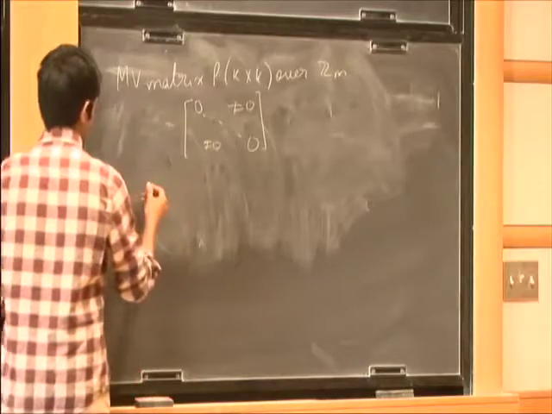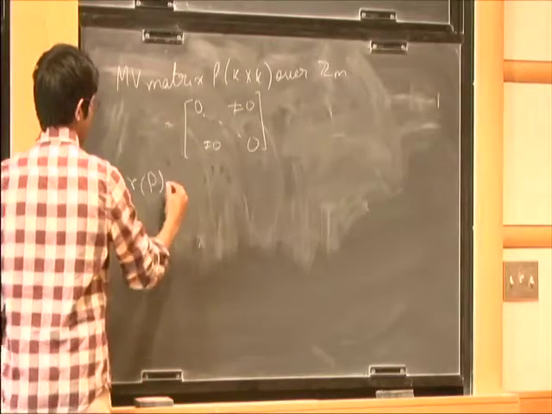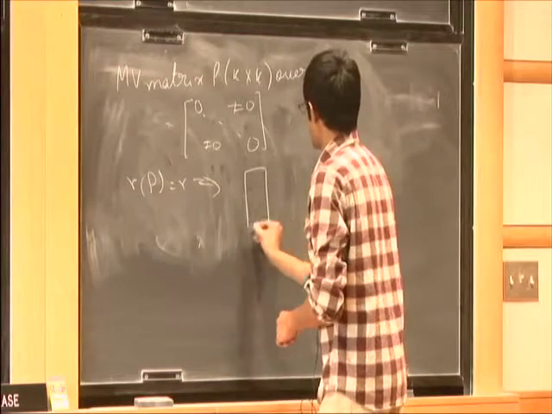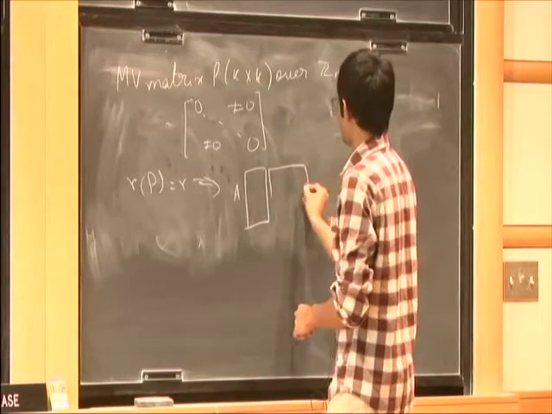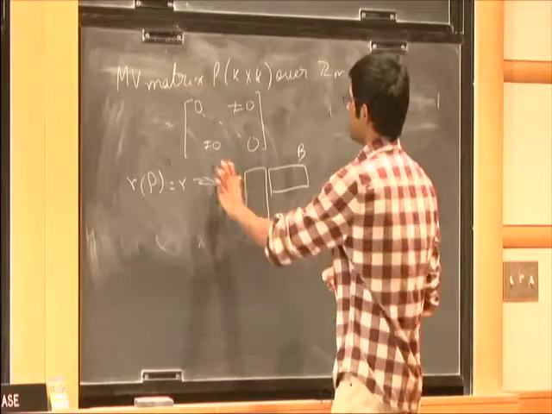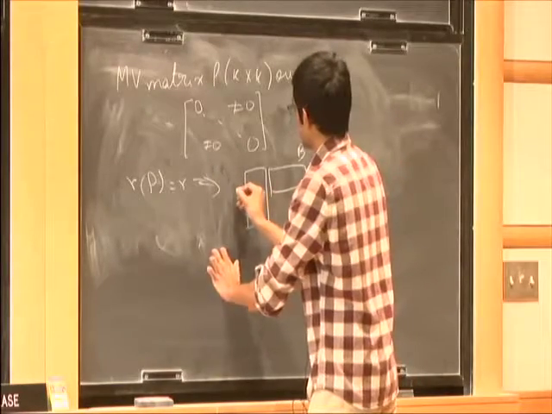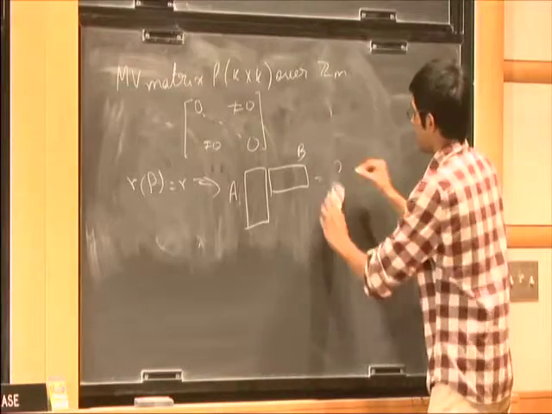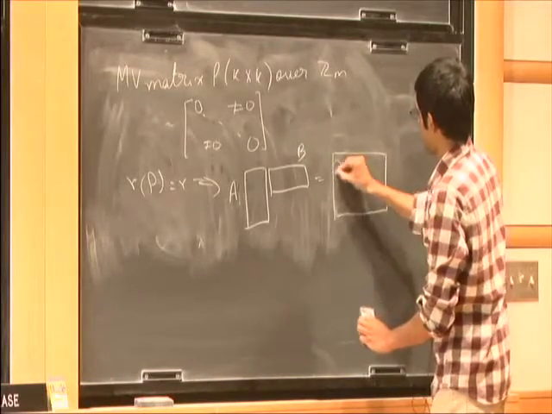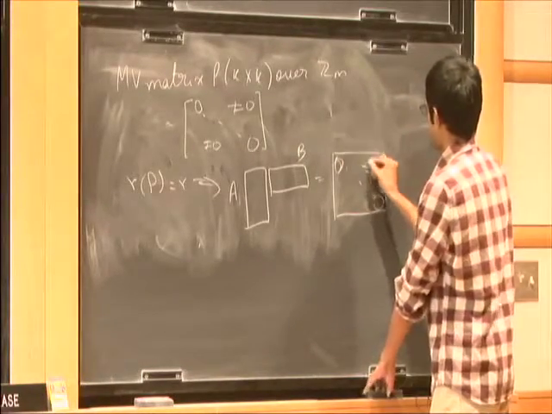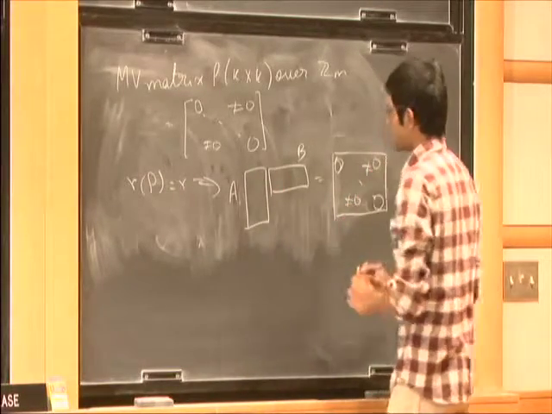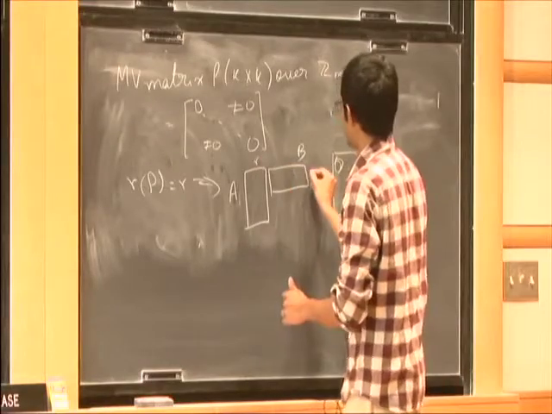So if the rank of P is R, it means that there exist some A and B, or U and V, such that A times B equals P. Now this is of R length.